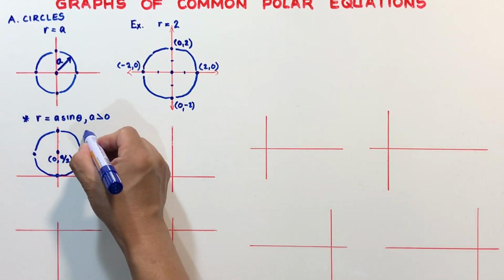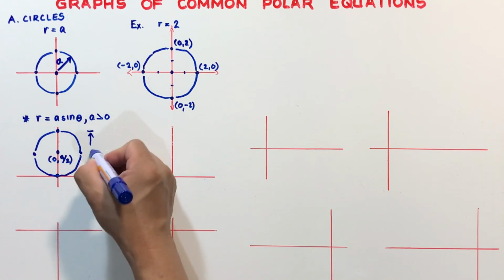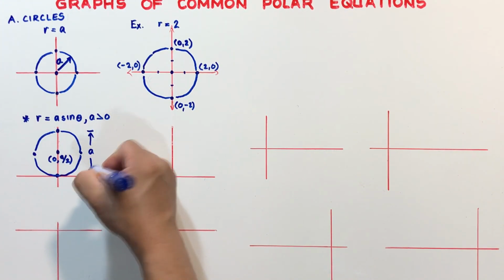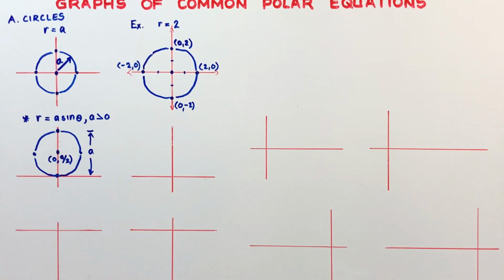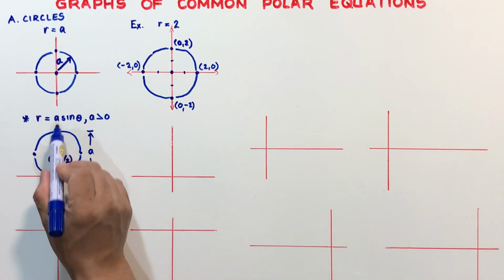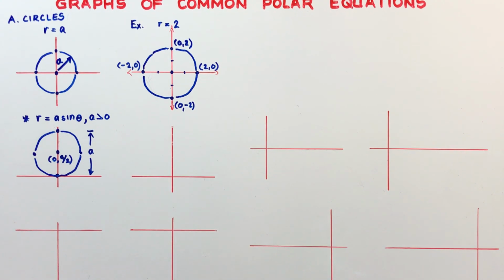So this is a circle whose diameter is a, and it is above the x-axis because a is greater than 0, which means it's positive.